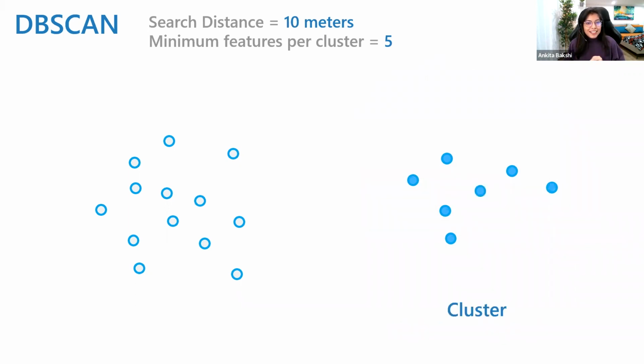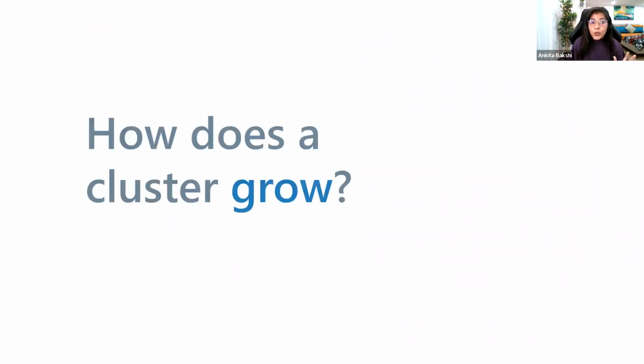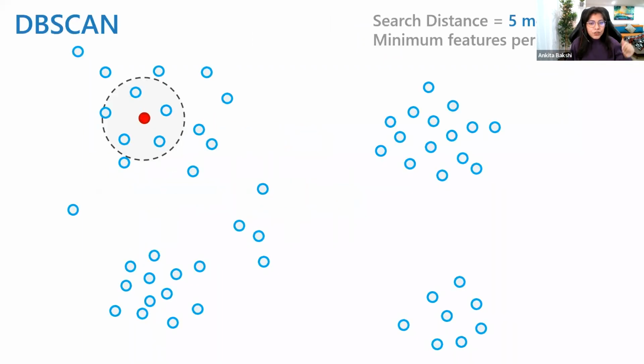Once you've identified whether a region is high density or low density, how does a cluster grow? It's very easy. I'm going to quickly go through a couple of animations where I have a point of interest, my search distance is 5 meters, and the minimum number of features I need is 5. Using these two parameters, this point of interest has 5 features within 5 meters, so it will be marked as a core point.